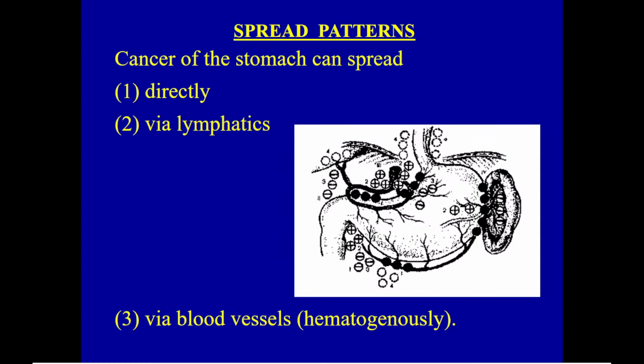Cancer of the stomach can spread in 3 ways: directly, via lymphatics, and via blood vessels, hematogenously.